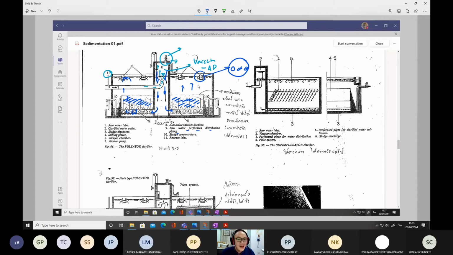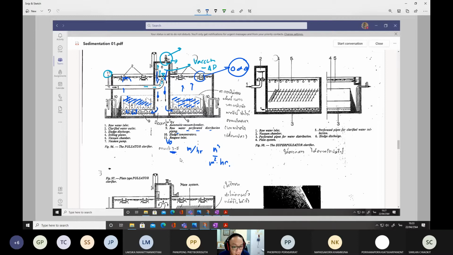In this kind of sedimentation chamber, we can maintain overflow velocities as high as 3 to 5 meters per hour, or cubic meters per square meter per hour.